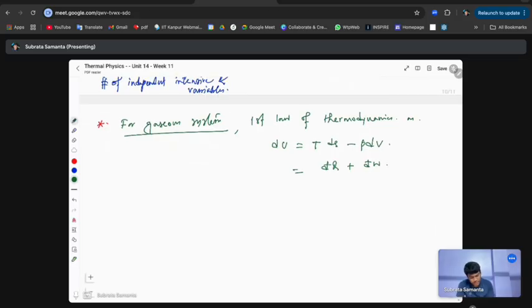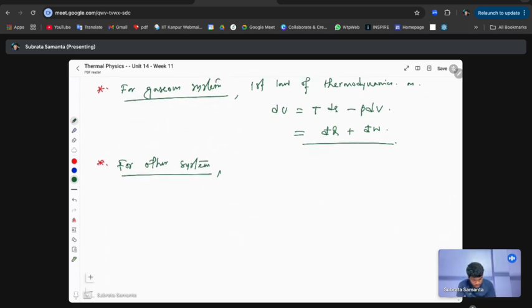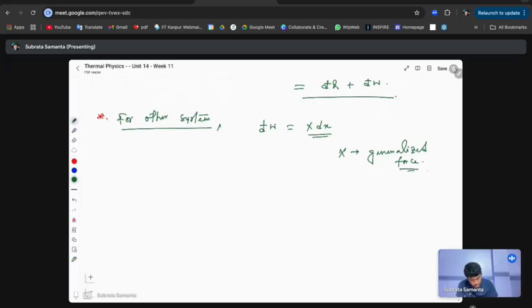And this is for a gaseous system. For other systems, dW is basically X dx, where capital X is your generalized force and small x is the generalized displacement.